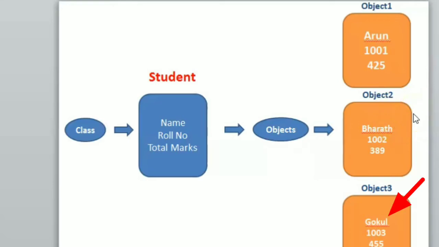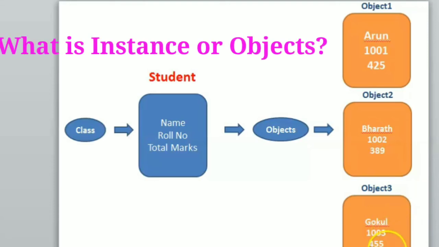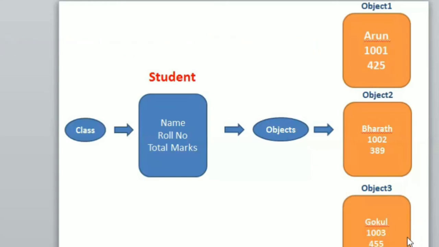Similarly, we have one more object: name is Google, roll number is 1003 and total marks is 455. Now I will explain clearly with an example what an instance or object is. Consider the class as a template, and when you fill in the details in the class, it becomes an instance or object.